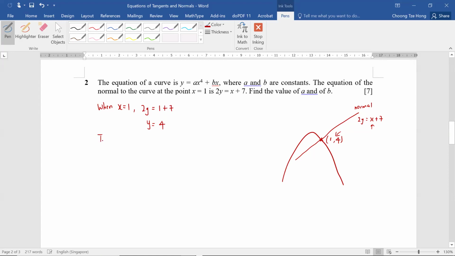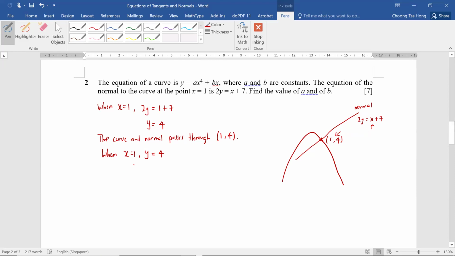So what we can write is the curve and normal passes through 1, 4. Okay, so since the curve passes through 1, 4, we can use this to get our first equation. So when x equals to 1, y will be equals to 4.